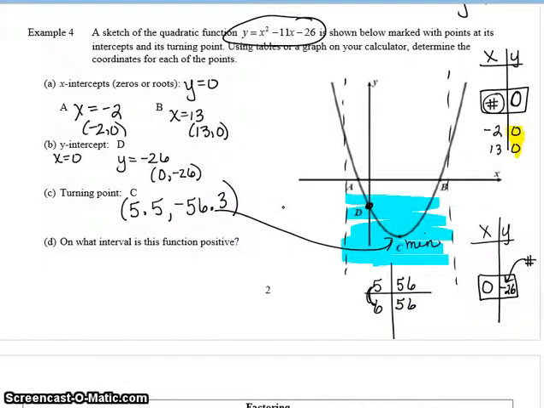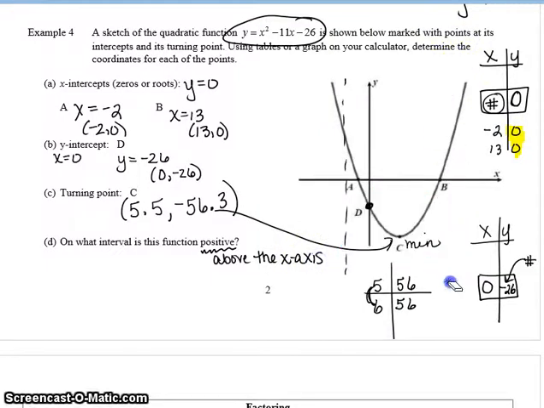On what interval is this function positive? Now, you guys are having a hard time remembering this. Positive means it's above the x-axis. Okay, so where does this graph fall above the x-axis?